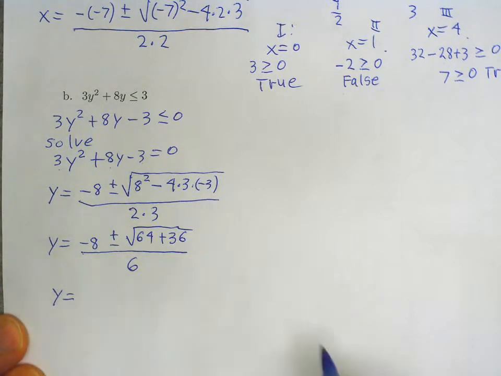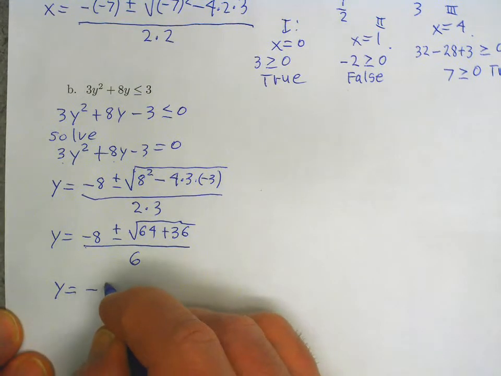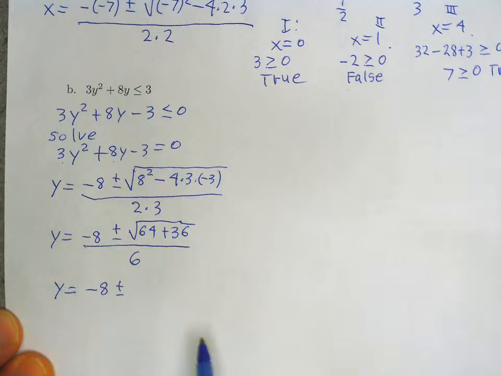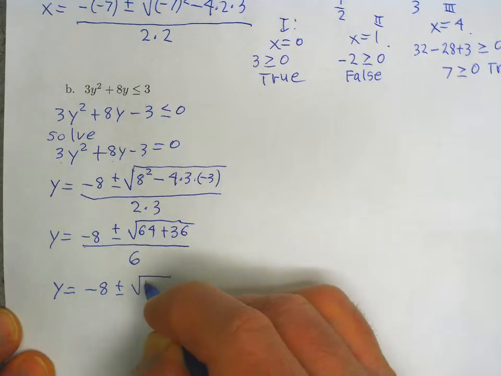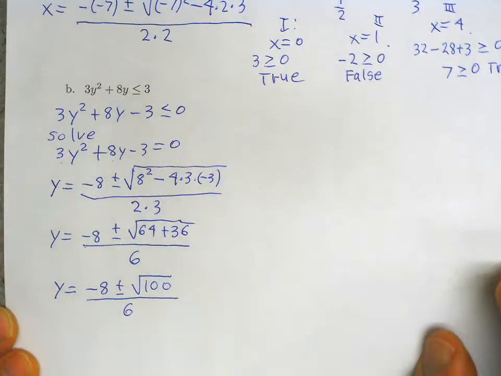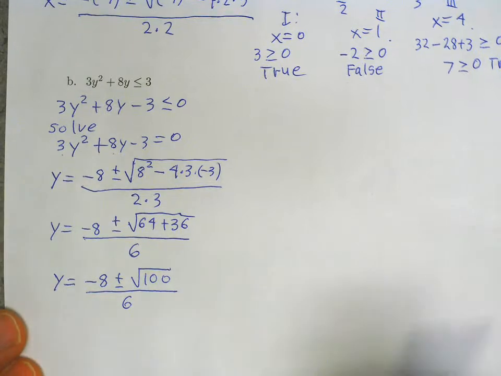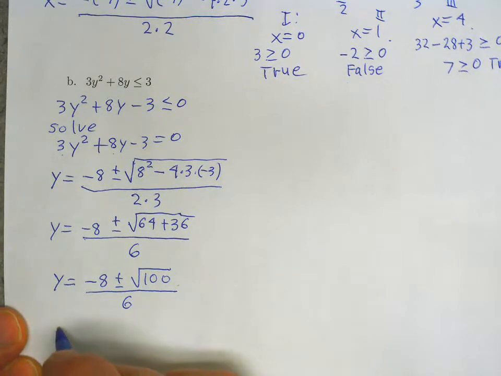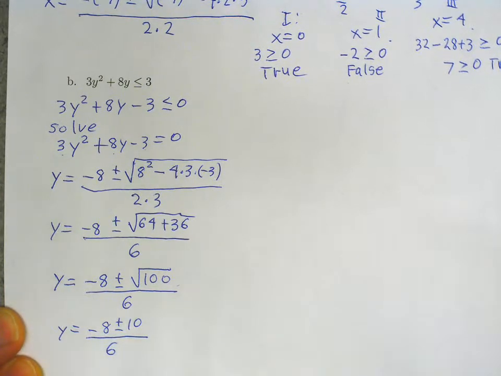Okay, so things are working out really nicely so far. y equals -8 plus and minus the square root of 100. 100 is a perfect square. Okay, the square root of 100 is 10, so y equals -8 plus and minus 10 divided by 6.